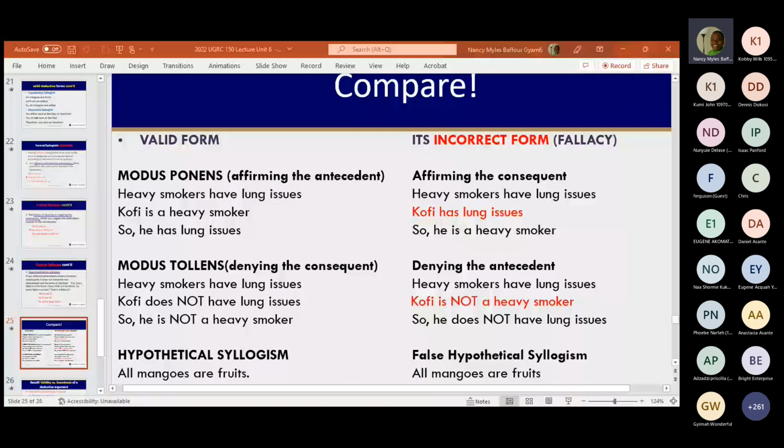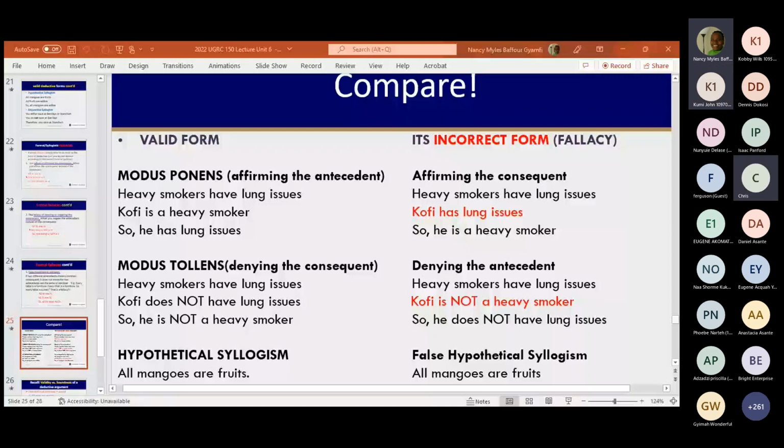Fallacy. Fallacy in affirming the... Yes, don't worry, it's correct. Go ahead. Yes, so this is a fallacy. Which fallacy is that? Affirming the what? Antecedent?